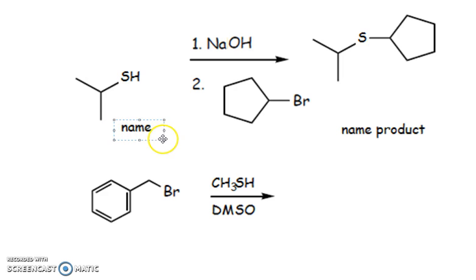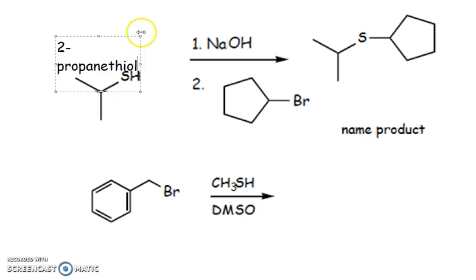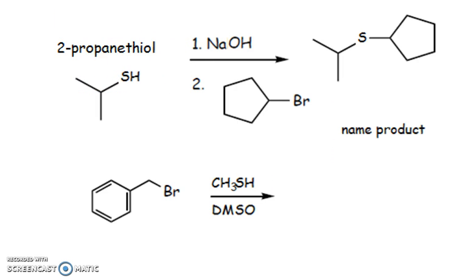The name of this is what? This is going to be 2-propane thiol. And what is the name of the product? Well, this is a sulfide. So, sulfide, and the two alkyl groups on it are isopropyl and cyclopentyl.